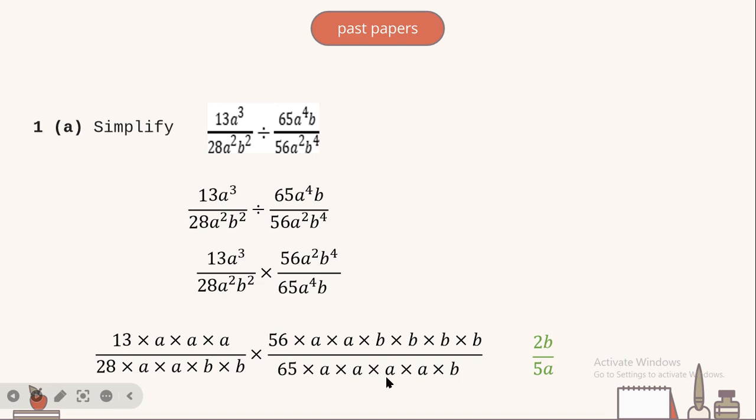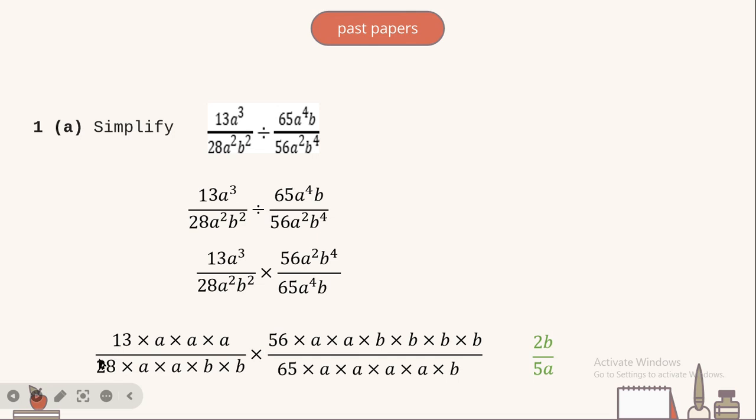You understand, right? So now, in order to simplify things for you to understand, 13 can go into 65. 13 into 13 is 1. 13 into 65 is 5.